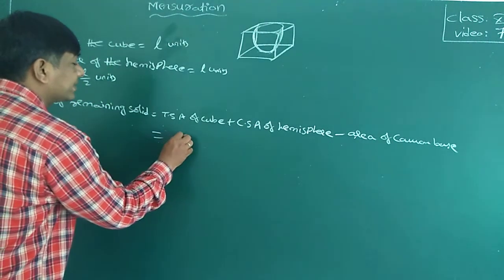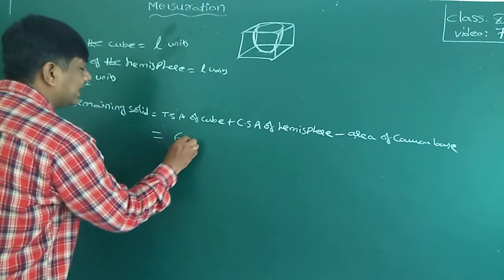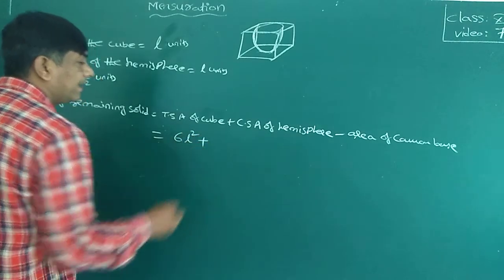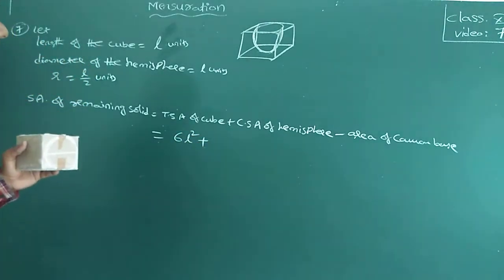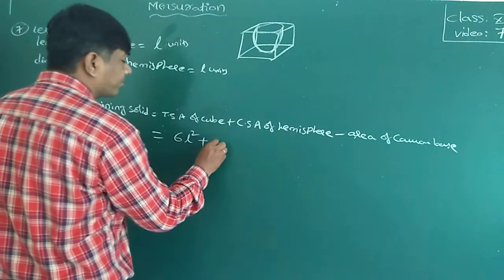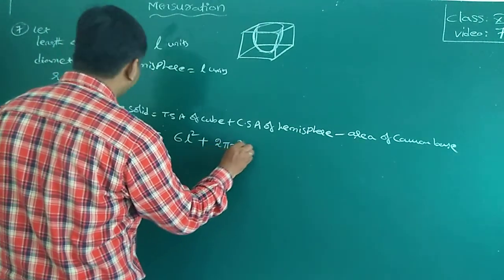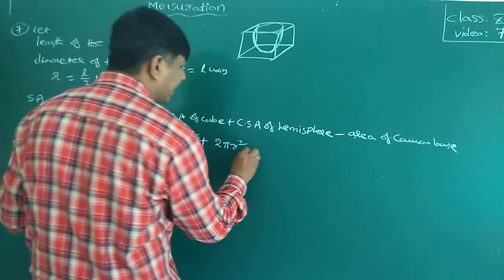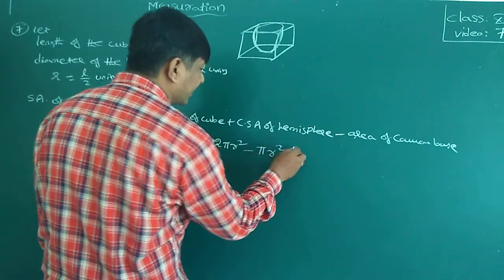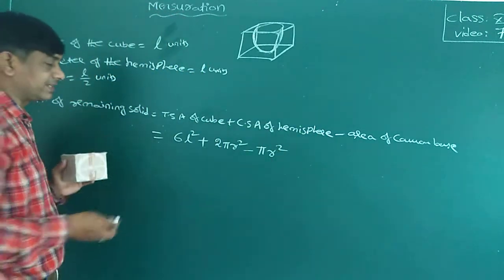TSA of a cube is 6L square, plus CSA of a hemisphere is 2 pi r square, minus pi r square, as the common part is the circular base.